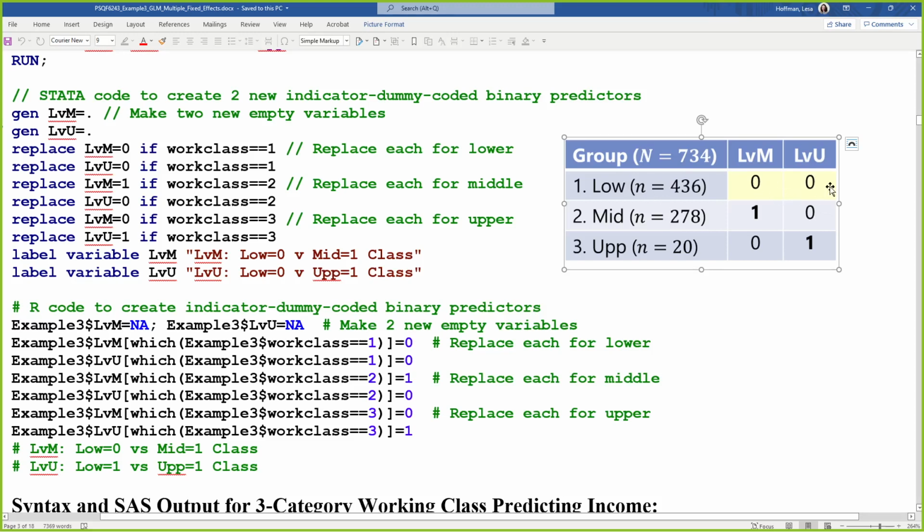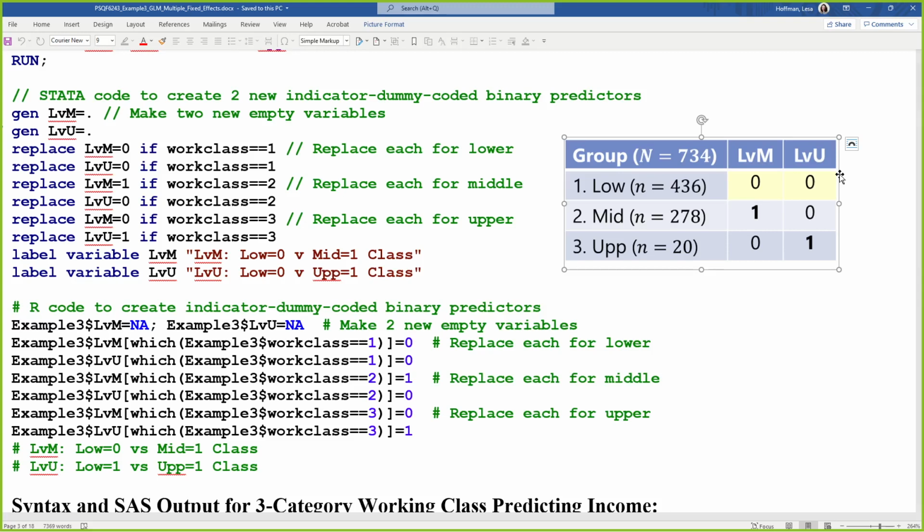And I need to decide which of my groups I want to be the reference as the first step. So in your homework, for instance, when you start homework 3, I will give you instructions as to which group should be considered the reference. And what that should mean to you is make that group the 0 across all of your new categories. So the reference group has their predicted outcome given by the intercept only.